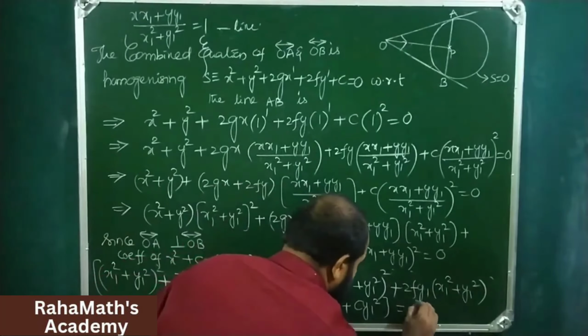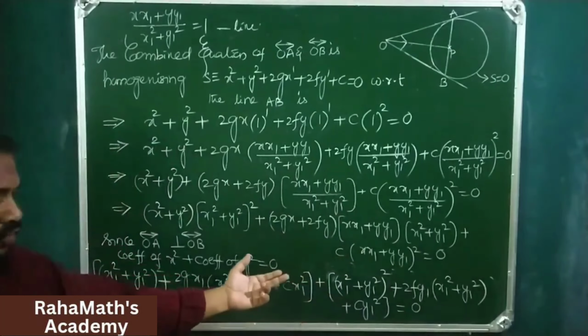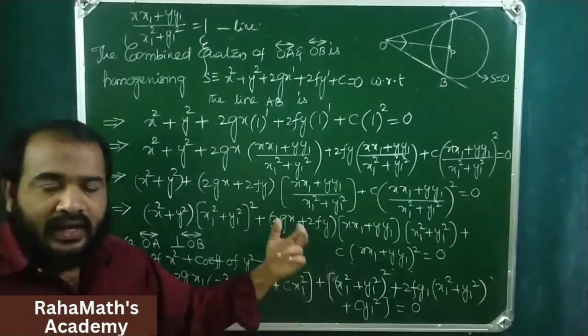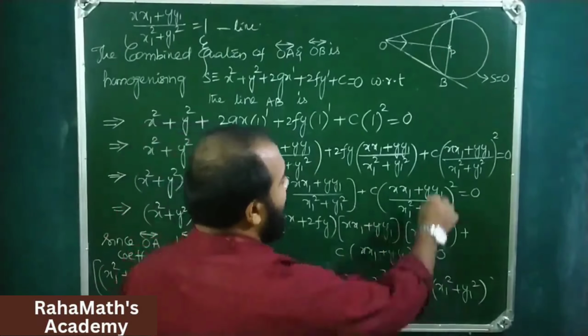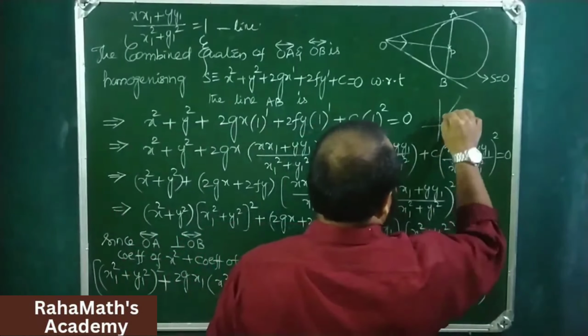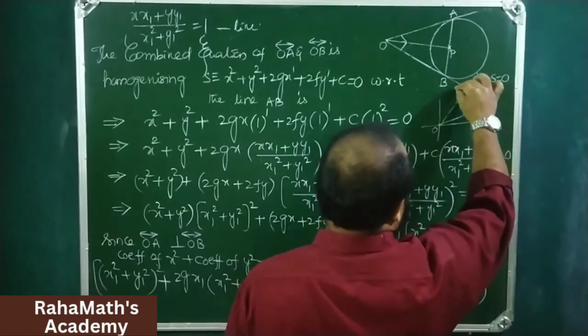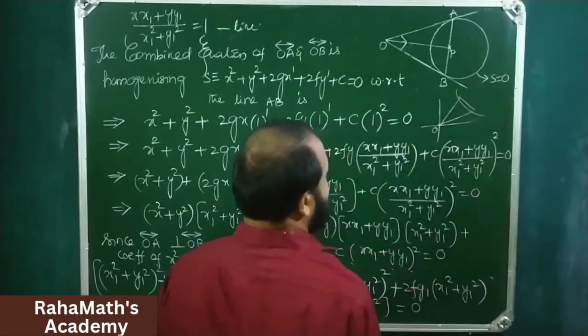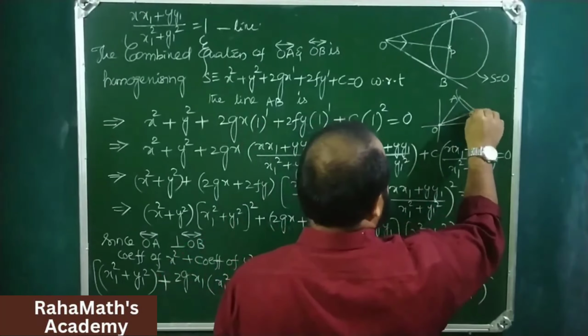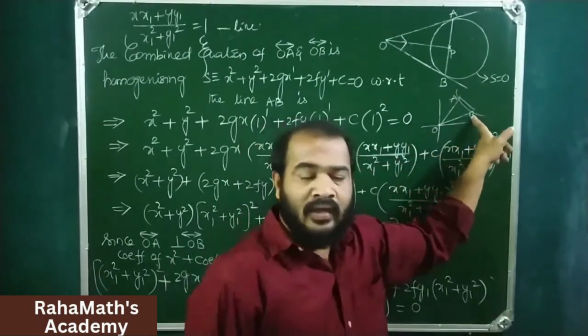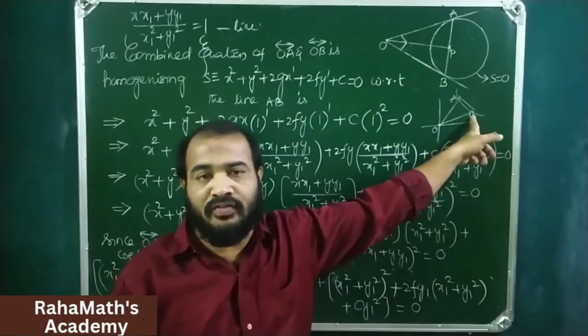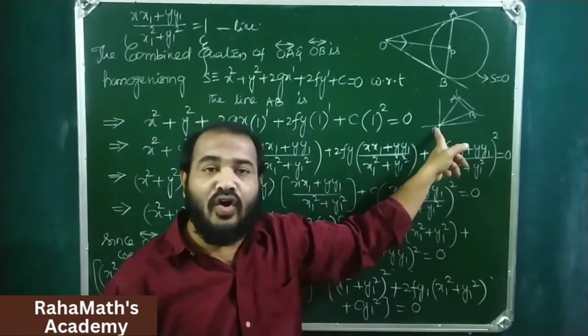equals to 0. Why are we doing this a plus b equals to 0? Because ax square, since this is a straight curve and we are homogenizing this. OA and OB are the combined equation of the pair of lines passing through the origin.